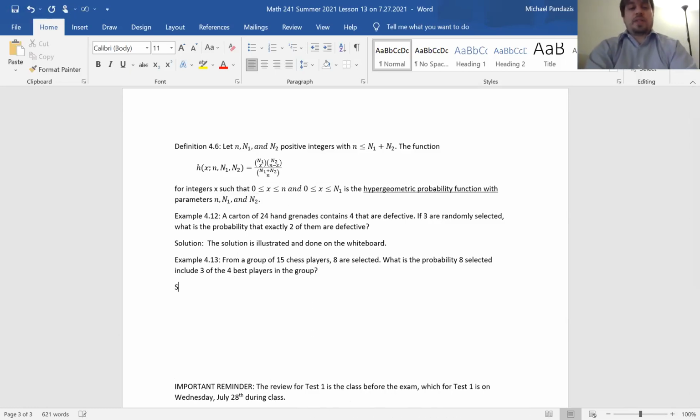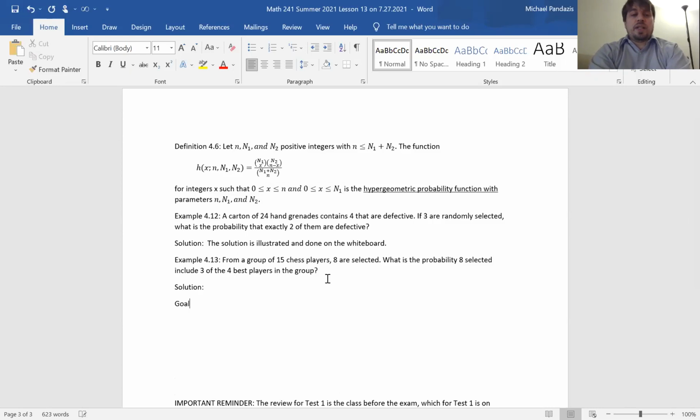Okay, so the solution. The goal is to use the hypergeometric probability distribution, which is the hypergeometric distribution, to solve the problem.